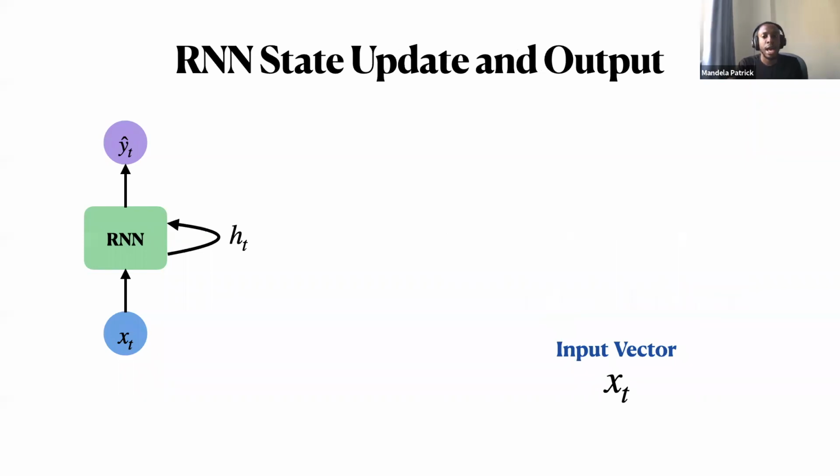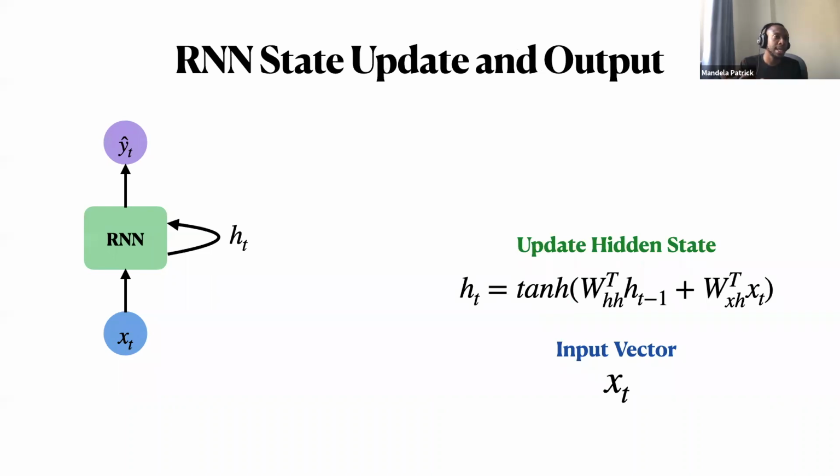So we have some input vector x of t, and we have an updated hidden state, and this is just matrix multiplication. For those who don't understand the math, all we're doing is that we have some weight matrix that essentially encodes the hidden state and then also encodes the current token x of t.